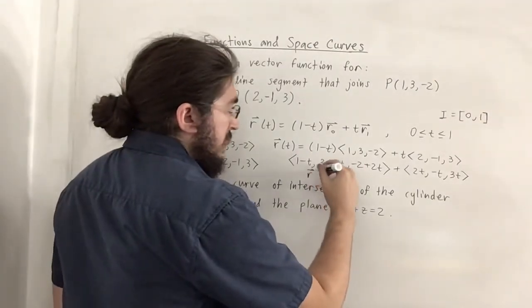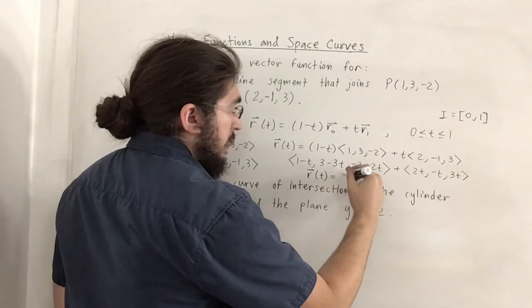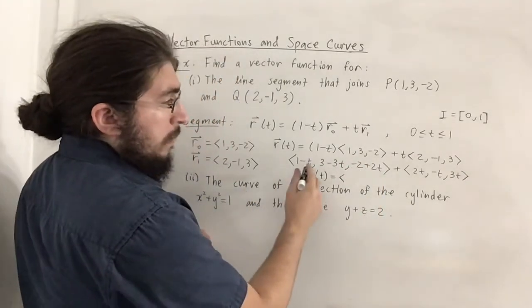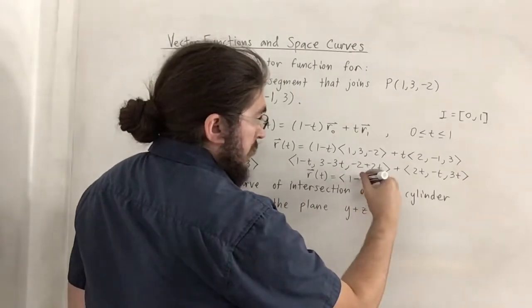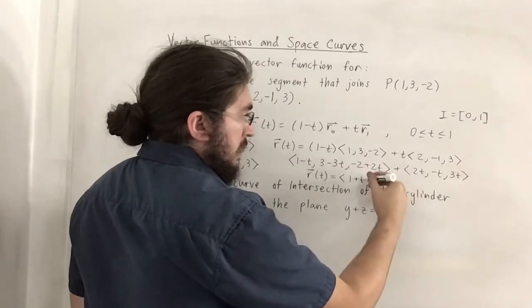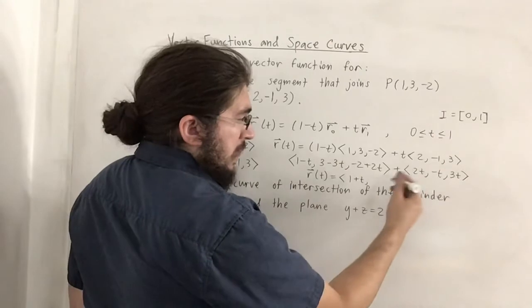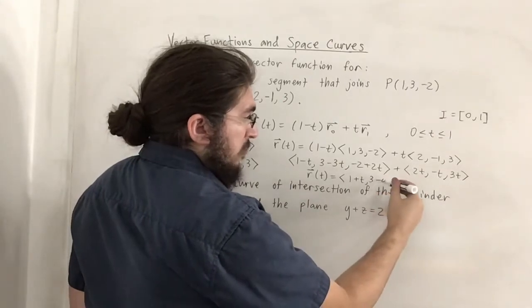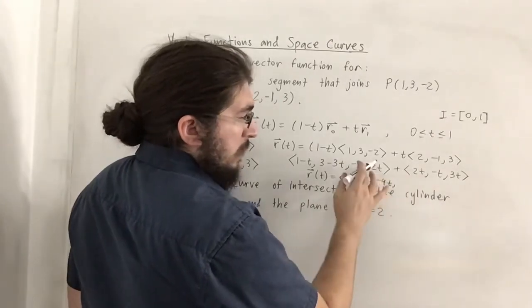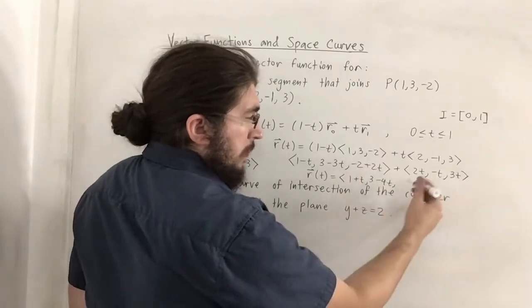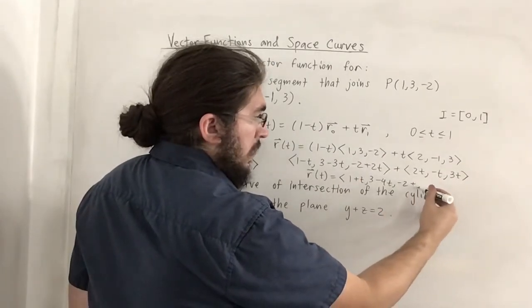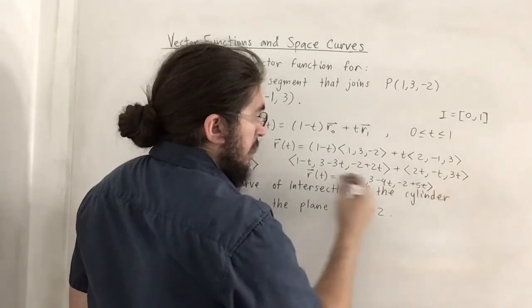So we get r of t. 1 minus t plus 2t is 1 plus t, because 2t minus t is positive t only. 3 minus 3t minus t is 3 minus 4t actually. And for the last one, negative 2 plus 2t plus 3t is negative 2 plus 5t. Perfect.